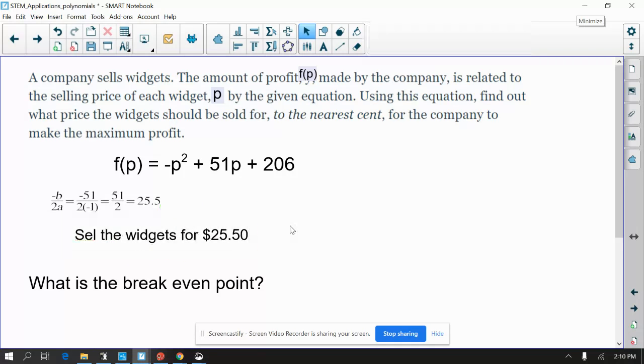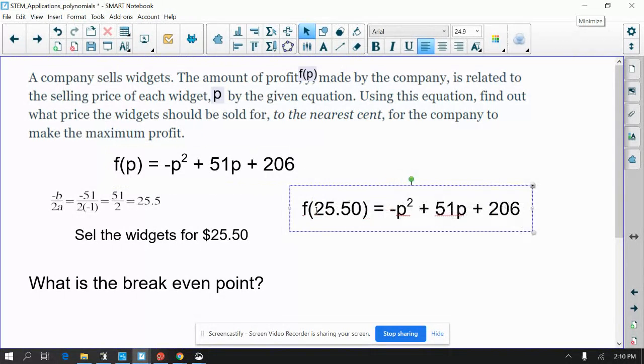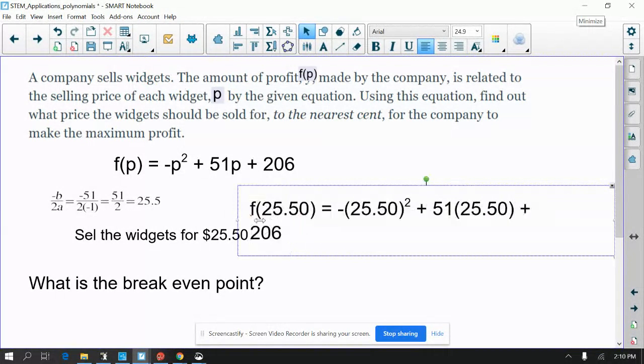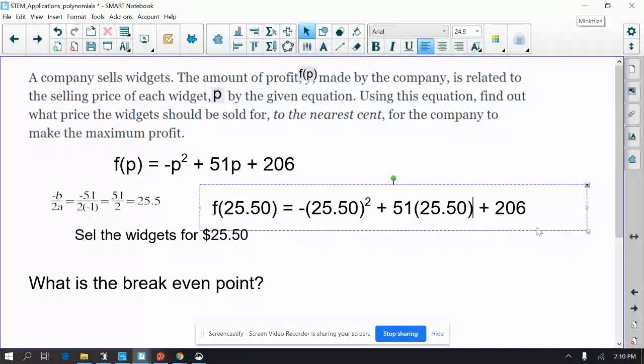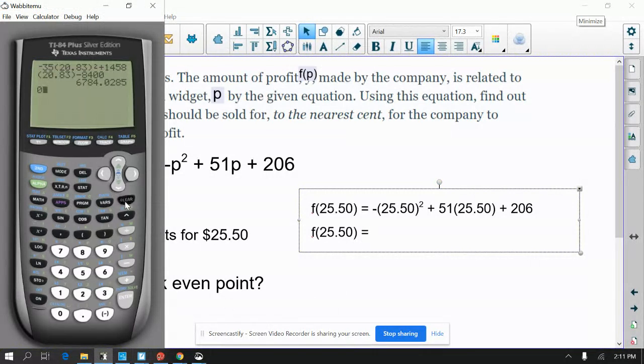And I'm just curious, what would I get if I sold it for $25.50? That's a matter of finding the profit. So you let P equal $25.50. And go to my calculator again.